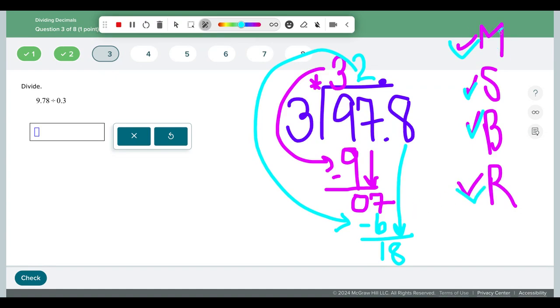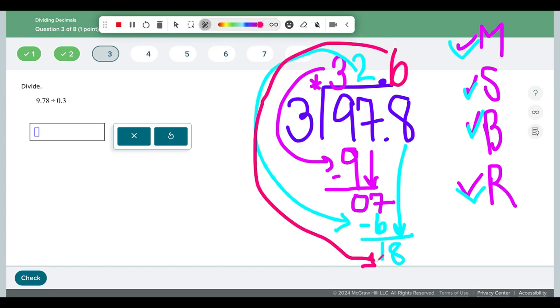So I'm moving back up to my multiplication and saying, what times 3 will get me close to 18 without going over? And I know that I can multiply 3 times 6.